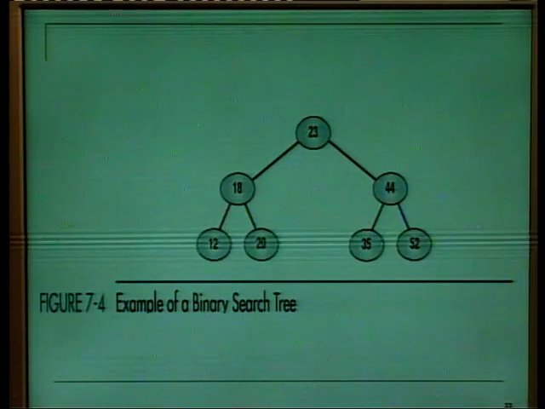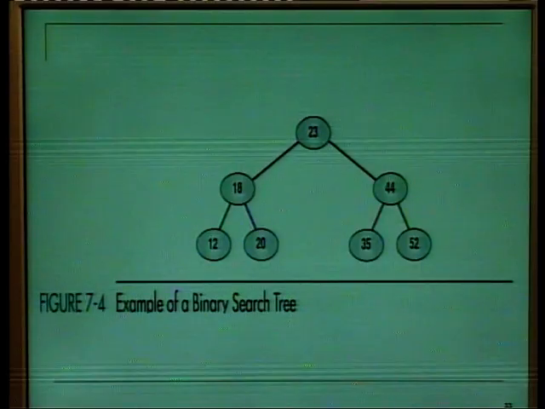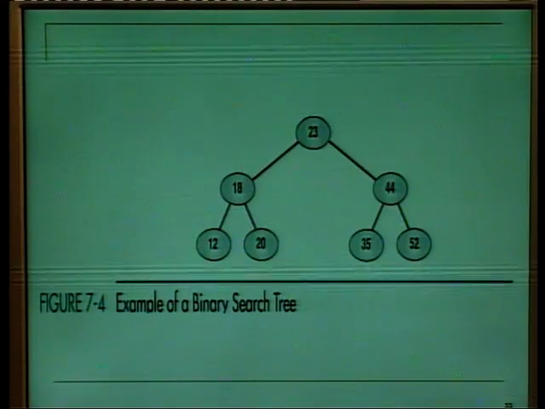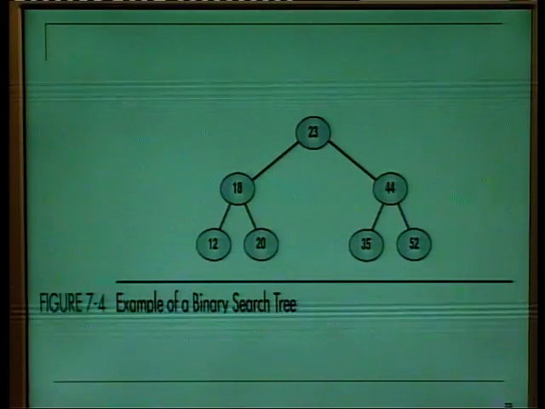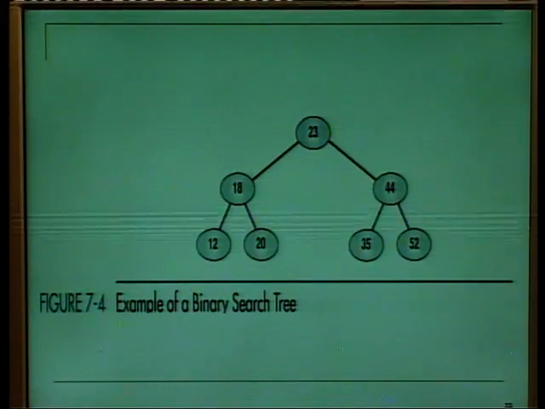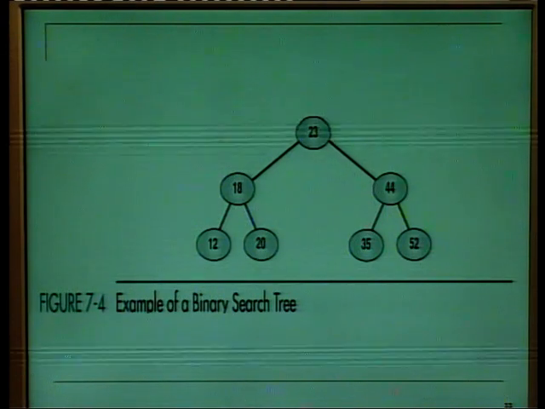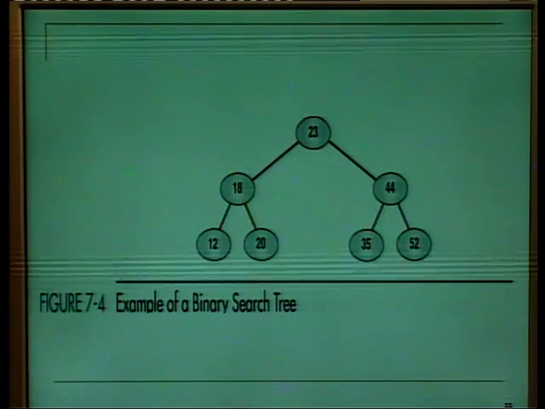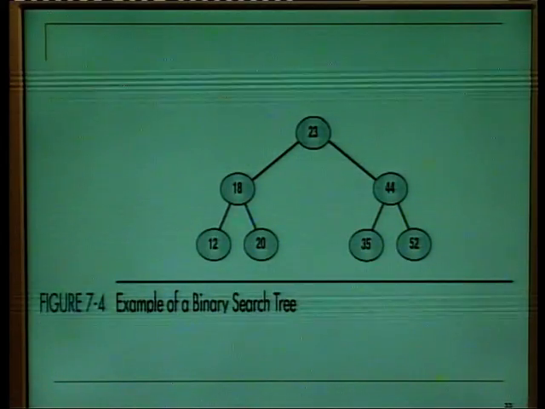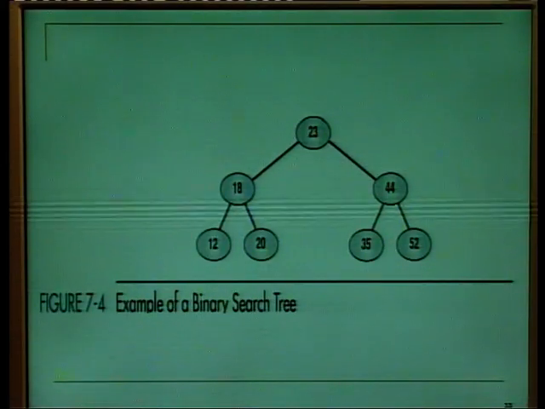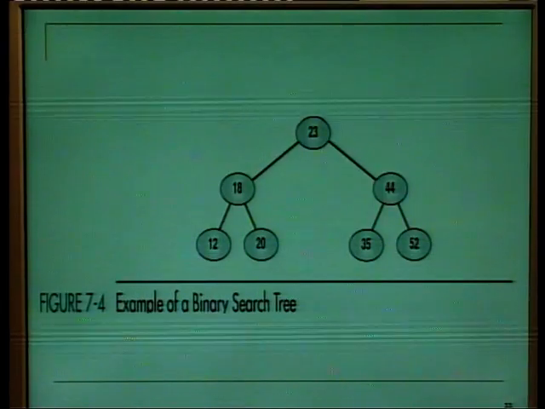Again an example of binary search tree. As we have a tree having 7 nodes. Out of these 7 nodes, one is the root node, having value 23, and the right subtree has root 44, and the left subtree has root with value 18.